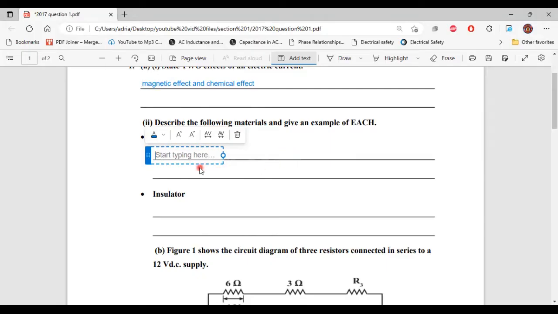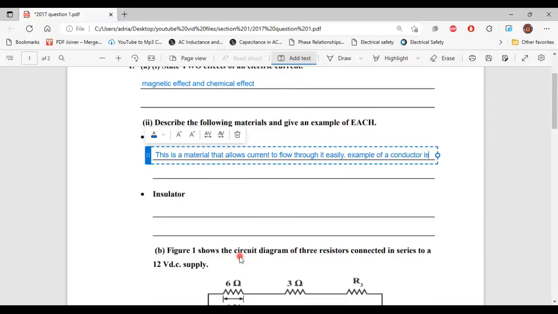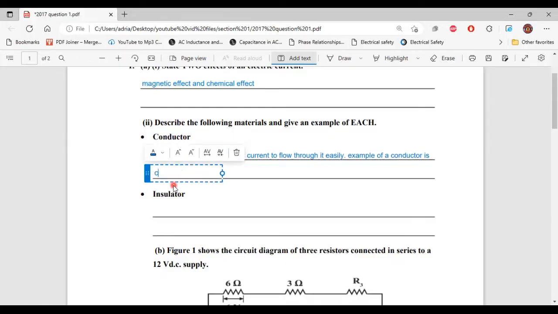An example, copper. All right, so that's it for conductor.